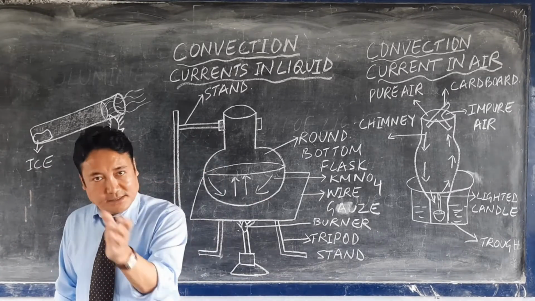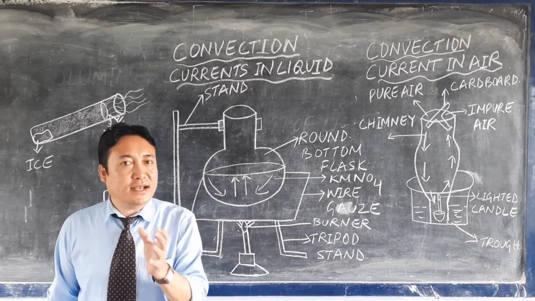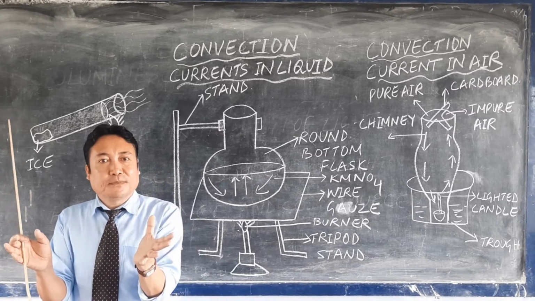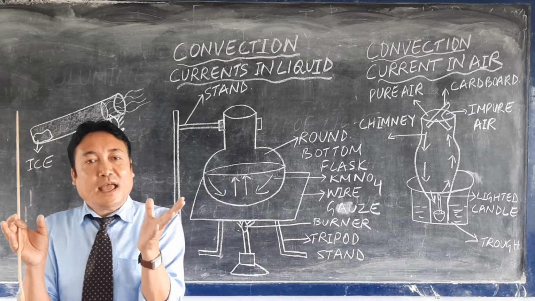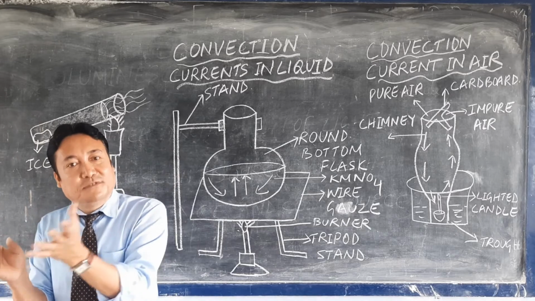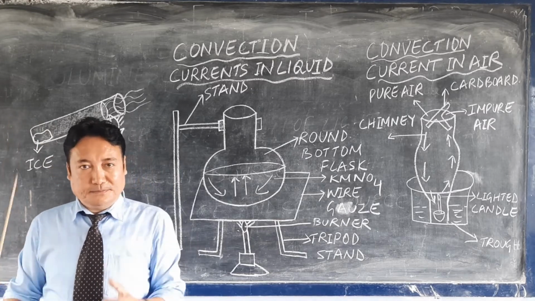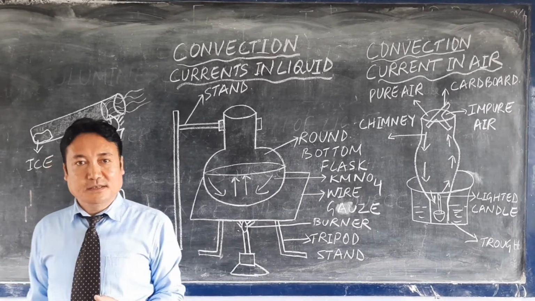So that is convection. Now consider that basket, which is filled with apples, and that basket is heated up. That means it is the main source of heat.